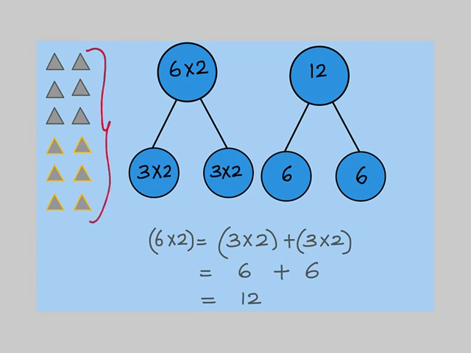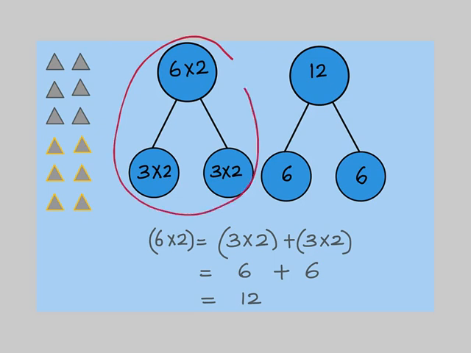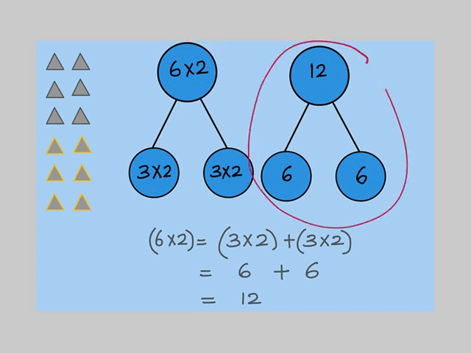For this array, I have drawn 2 number bonds. So this is the first number bond. The number bond has multiplication expressions in it, and the second number bond has whole numbers in it. So these are whole numbers.